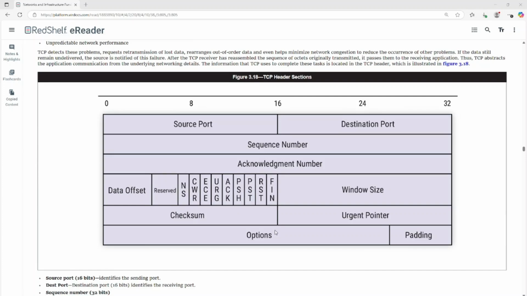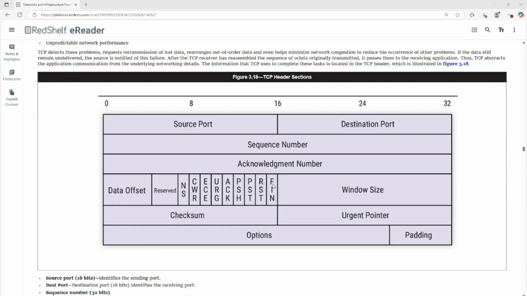The diagram in figure 3.18 shows us a TCP header section: source port, destination port, sequence number, acknowledgment number, data offset, reserved, checksum, window, and you've got all those.